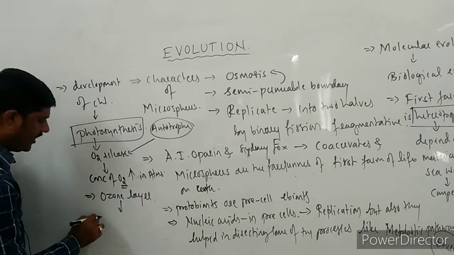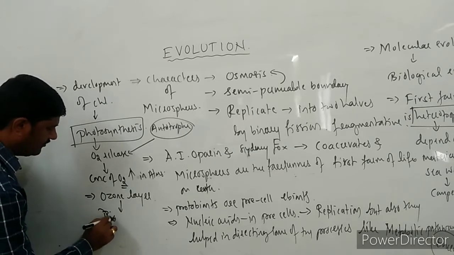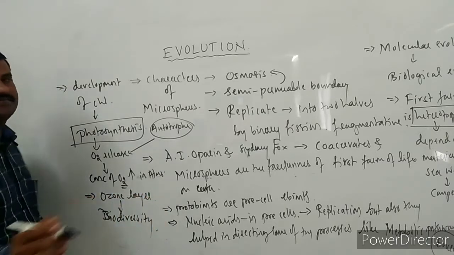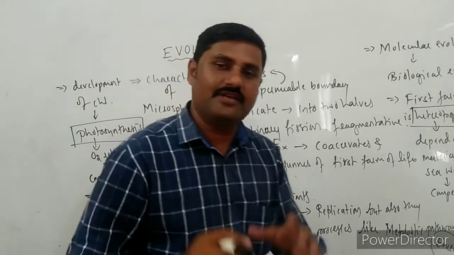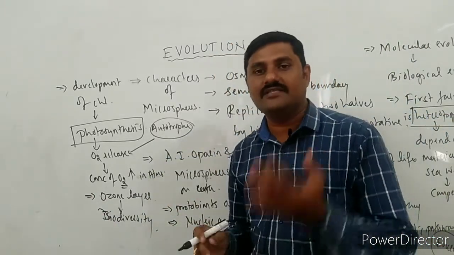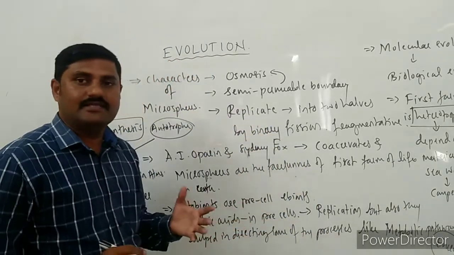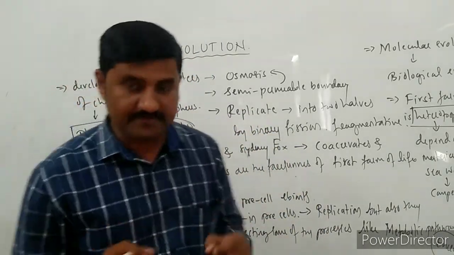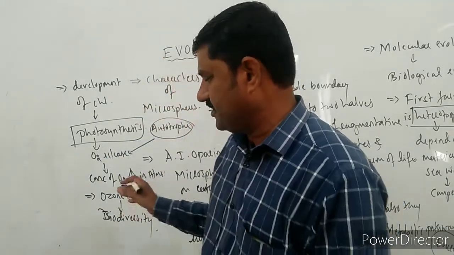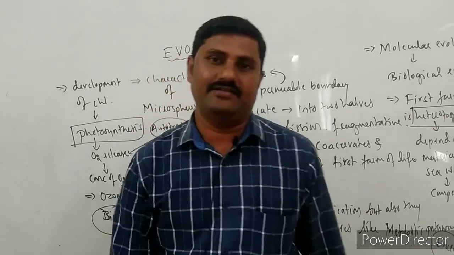The ozone layer is formed, and biodiversity started on this earth. Different kinds of organisms developed as a result of mutation or other actions that brought about various changes in the genetic material of the organisms, which leads to the formation of biodiversity on this earth.